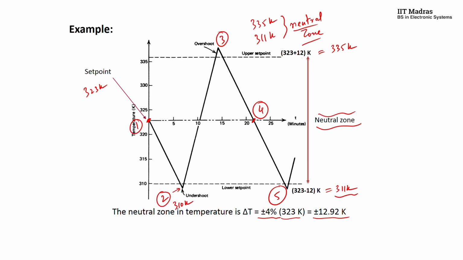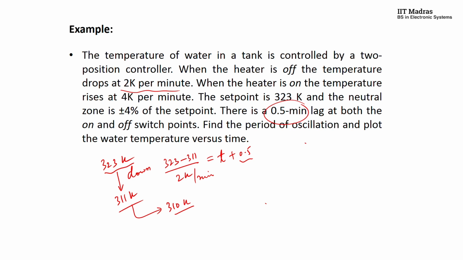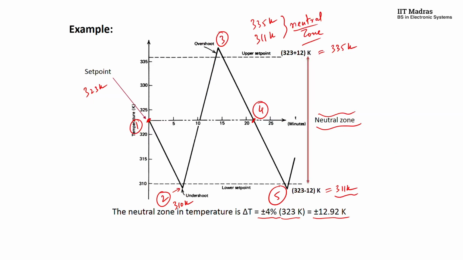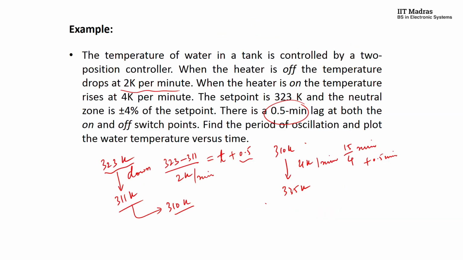Now similarly we need to find the upper point, which is point 3. To reach the upper point, the goal is to reach 335, from 310 Kelvin to 335 Kelvin. This is the situation wherein the heater is turned on, so you are increasing your temperature at a rate of 4K per minute. That means this is 15 by 4 minutes, and of course there will be a delay of 0.5 minutes for sure.